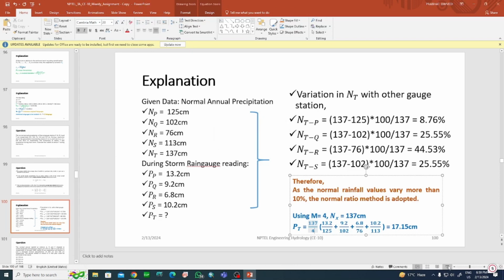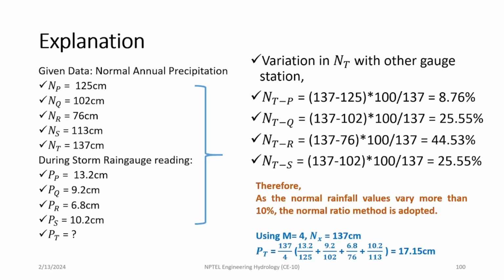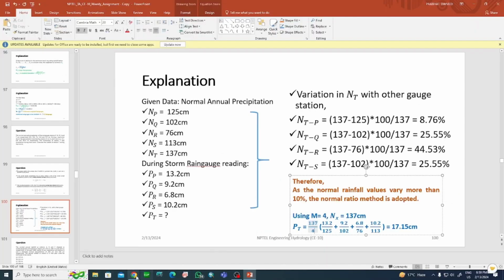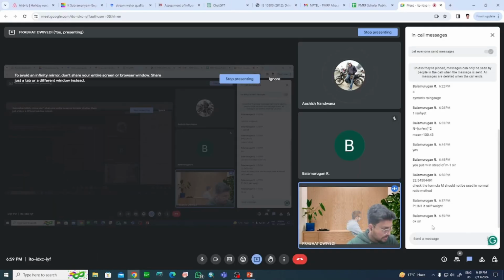Okay. Thank you, Balamurugan, for letting me know the error in this. Are you getting the value or not? We'll calculate it, just 1 minute. So I guess this value will also get changed. Is Balamurugan getting the answer or not?